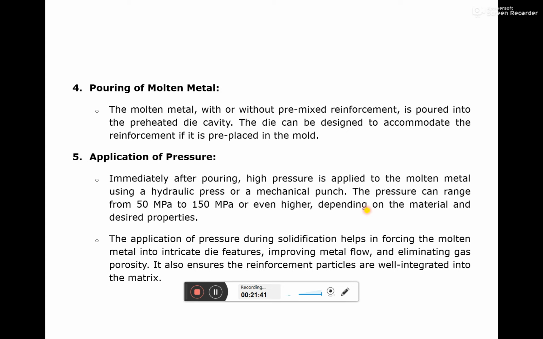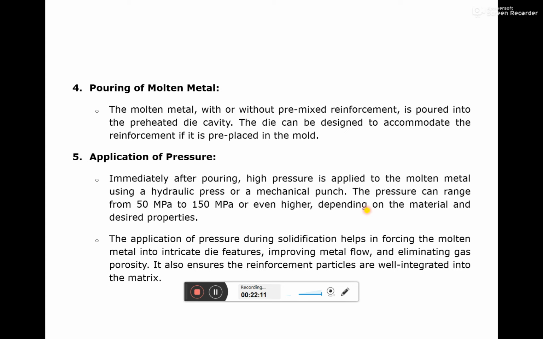Due to this application of pressure during the solidification process, the molten metal is forced into very intricate or complicated die features, into those cavities. This high pressure application improves the metal flow rate into the die cavity and also eliminates porosity.